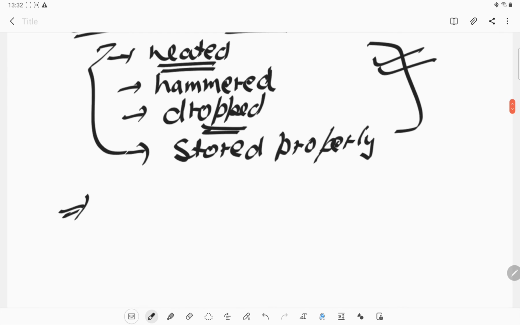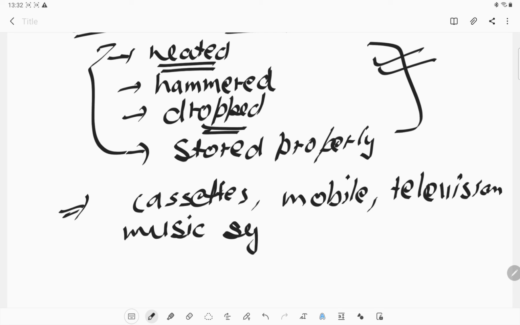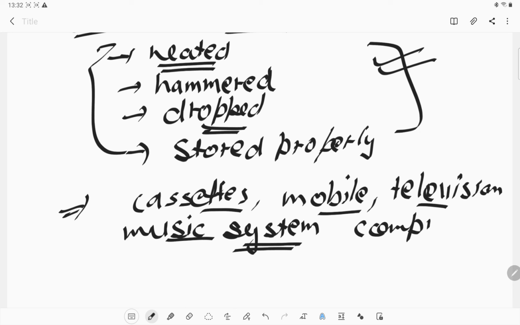What else should we keep in mind? We always keep magnets away from cassettes, mobiles, television, music systems. All these do not work properly if a magnet is near them. We should not keep a magnet near any of these products, or even the computer.